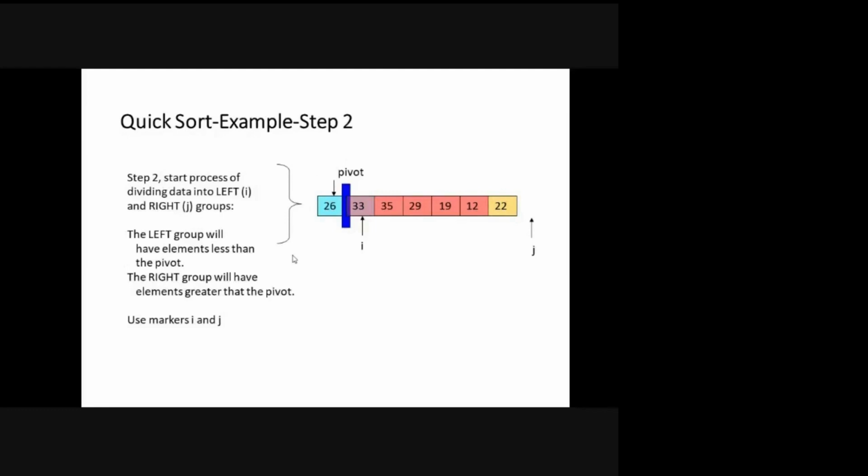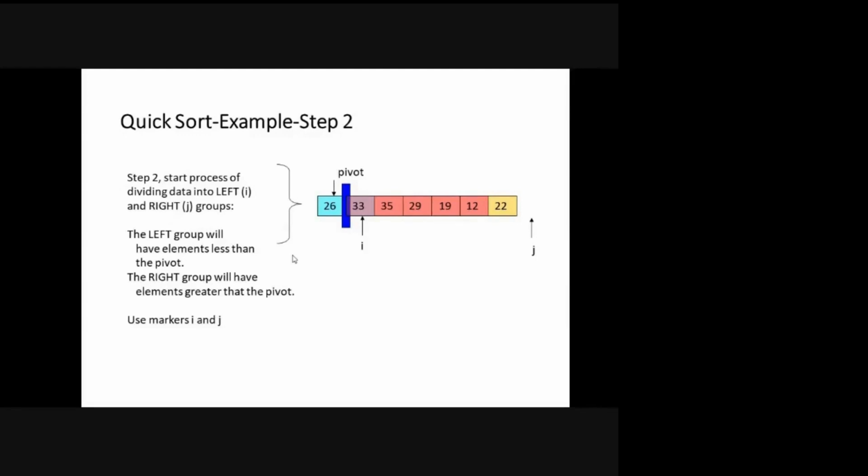This I will keep on incrementing until you find an element greater than the pivot. So if it is less, I will be incremented. Initially your I will be the pivot itself, which is a of 0 or whatever it is. After that you have to increment. When coming to the code, I'll tell you.